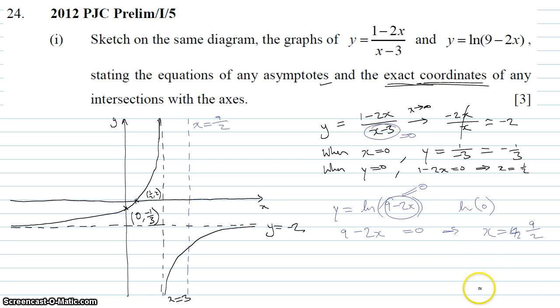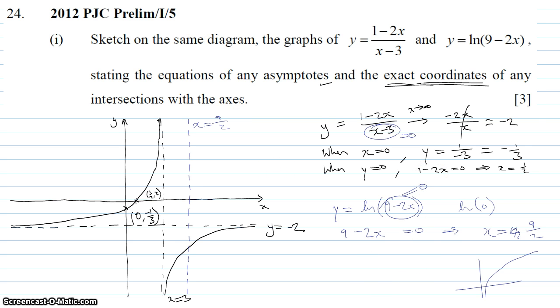Although it looks like it's flattening out, it never fully flattens out. It grows really, really slowly, but it's always growing. That means I don't need to worry about a horizontal asymptote. What about the x and y intercepts?